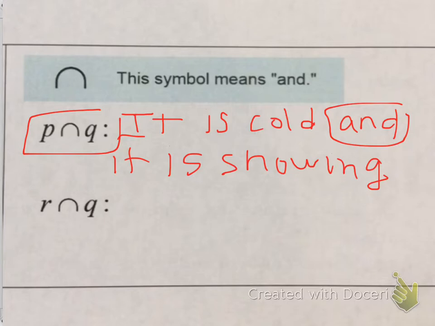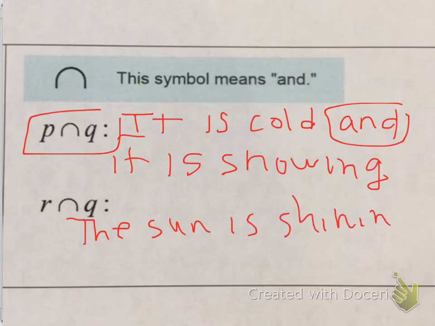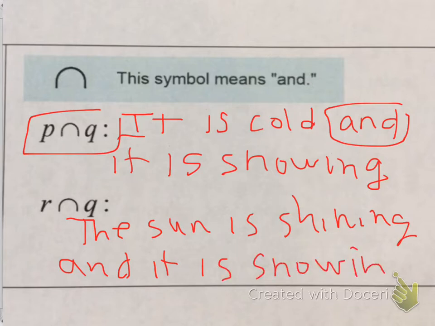Then we're doing R and Q. R is the sun is shining, and Q is it is snowing. So the sun is shining and it is snowing. That's how we do the AND statement. We put them together with the AND in between them.